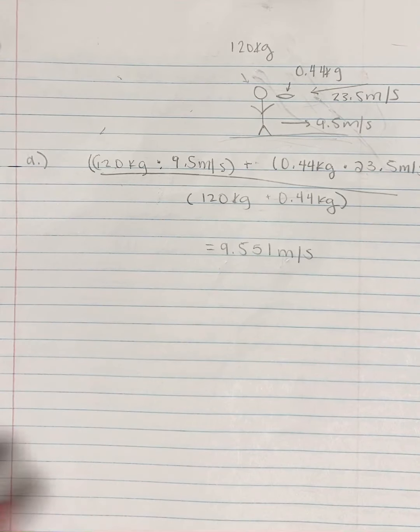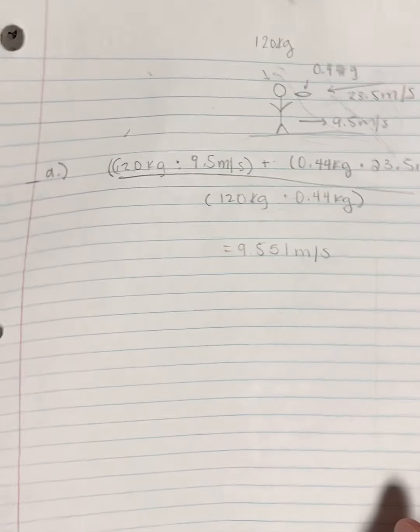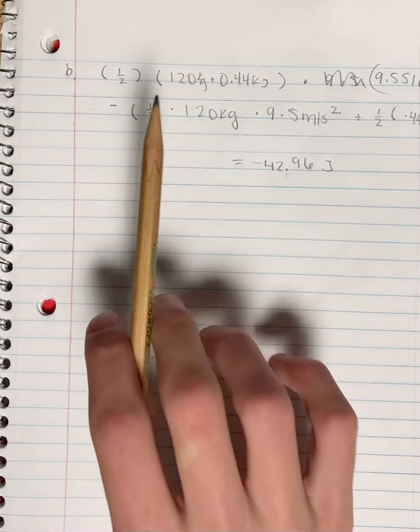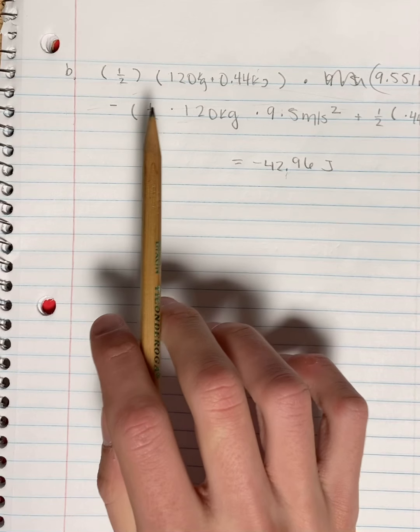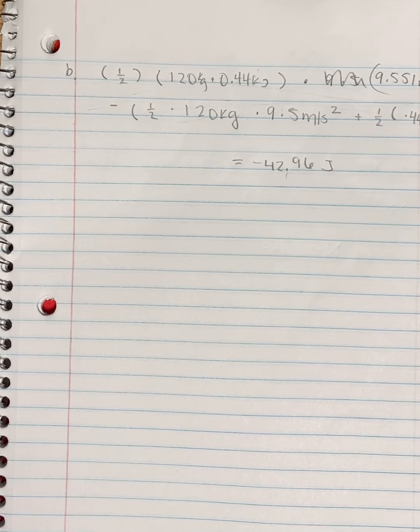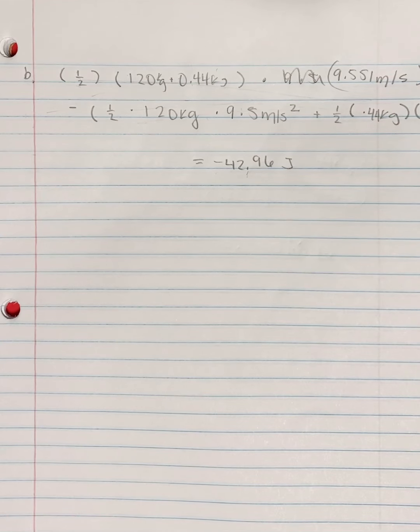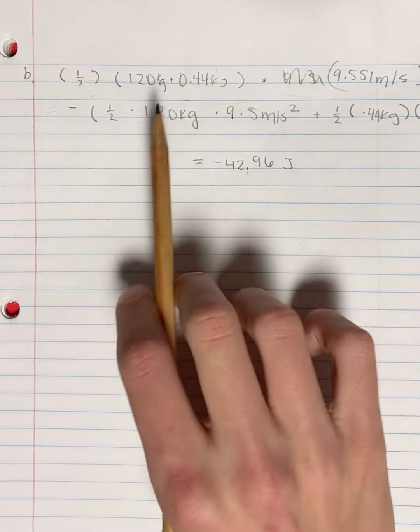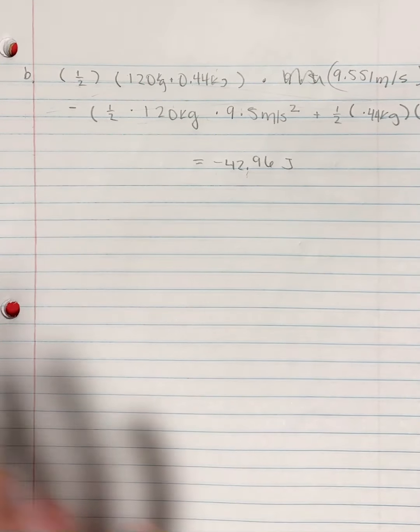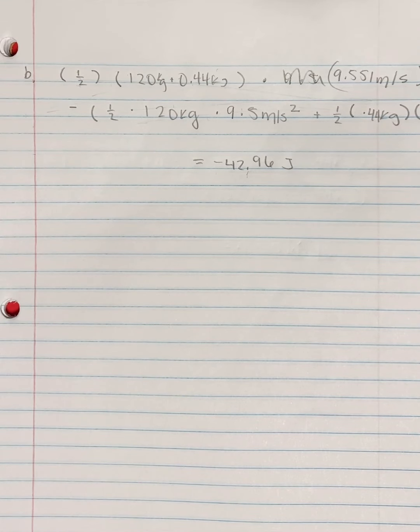That gets you your final speed. And the second part is change in kinetic energy. So final minus initial should be negative since they're stopping and there's going to be less kinetic energy. And just make sure to watch out for your signs and watch out for PEMDAS, so like order of operations.